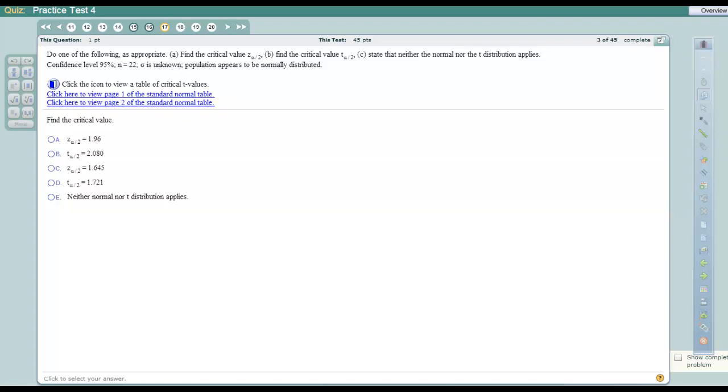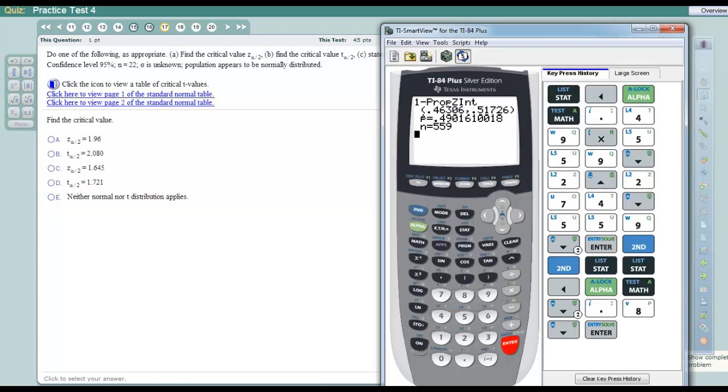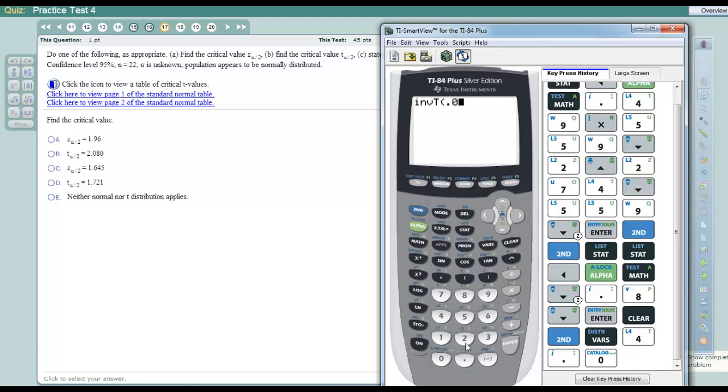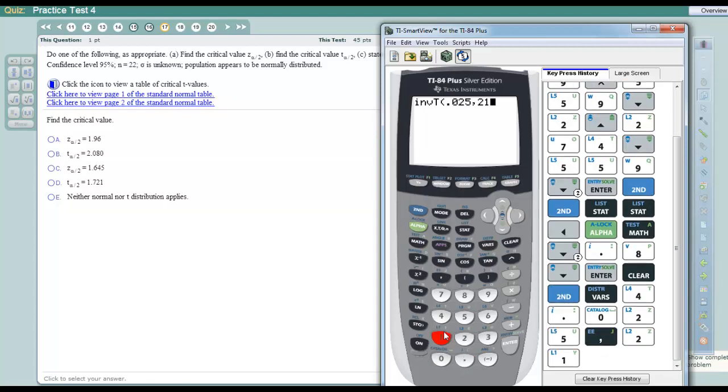On our calculator, we do inverse t, 0.025, and our degrees of freedom would be 21. Negative 2.08. And then of course we'd also get the positive 2.08. It's symmetric.